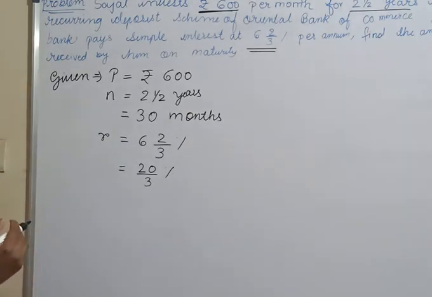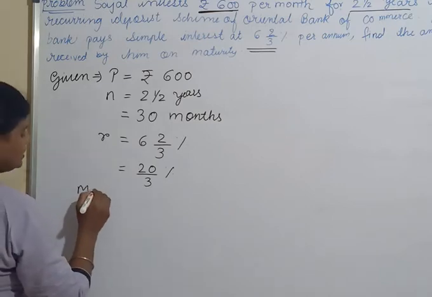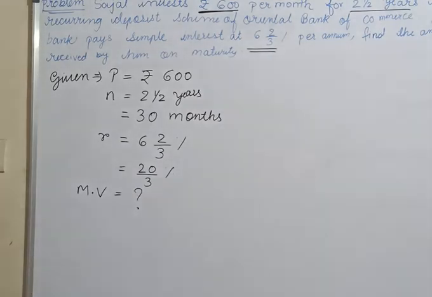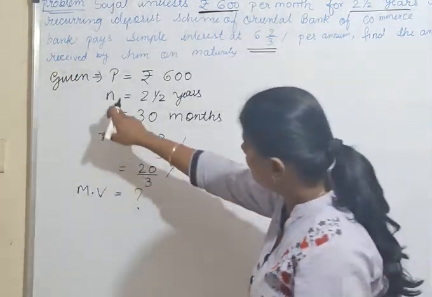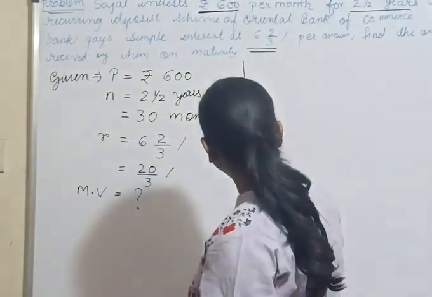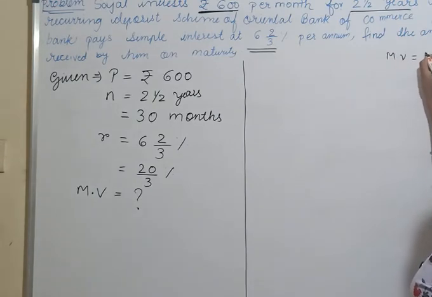Find the amount received by him on maturity, that is, the maturity value. The formula for maturity value is P into N plus I.